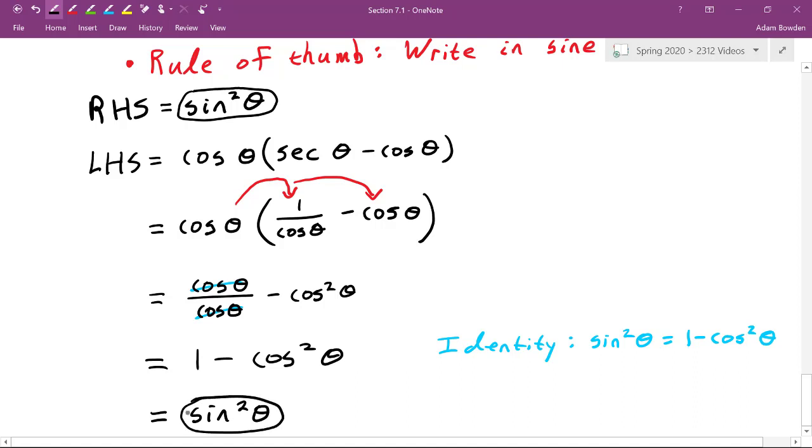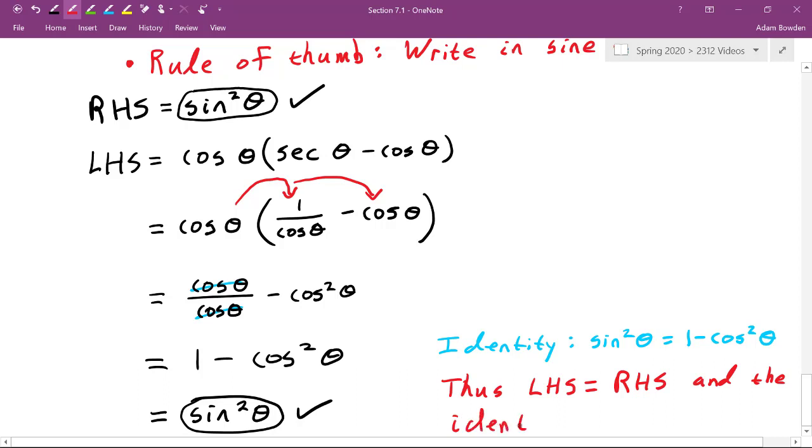Now we see that we have the right-hand side and the left-hand side both equal to the same thing. Thus we know the left-hand side equals the right-hand side, and the identity is proven or verified.